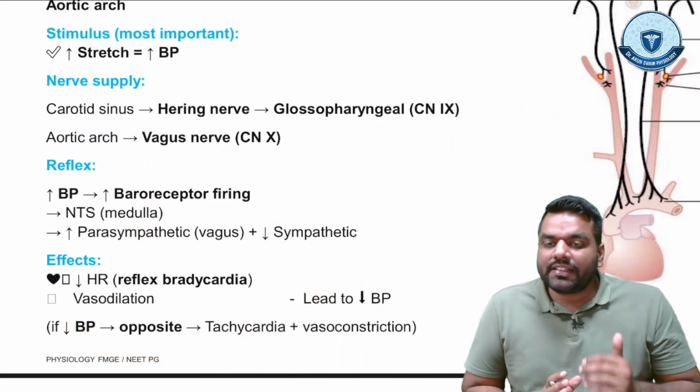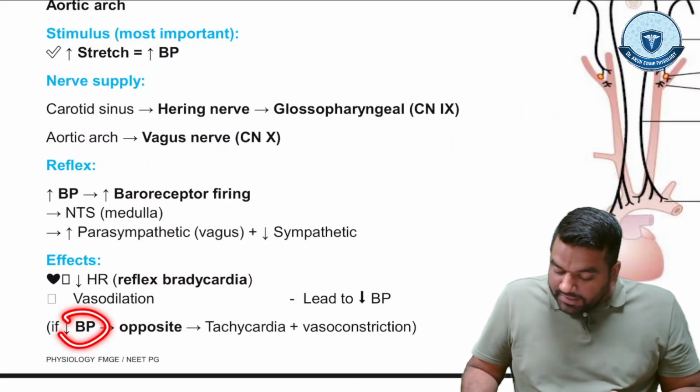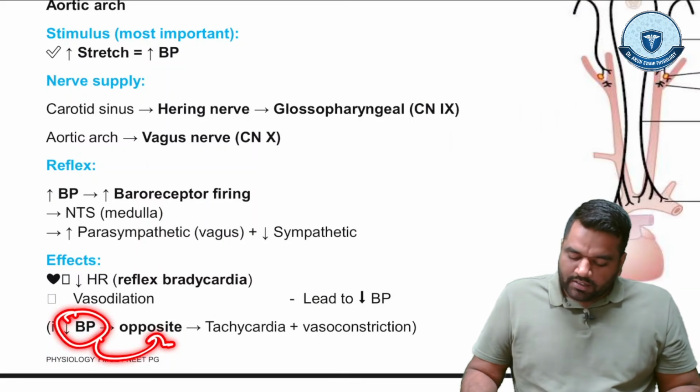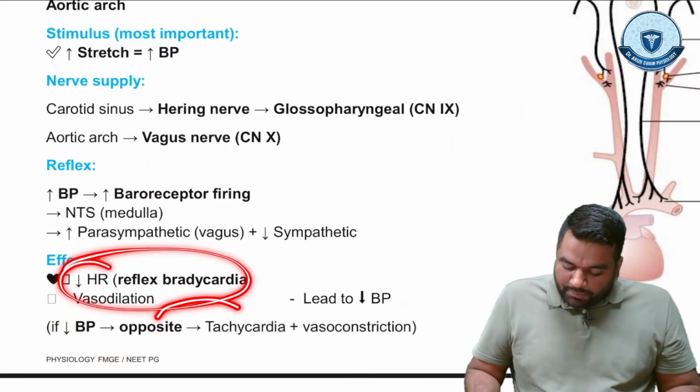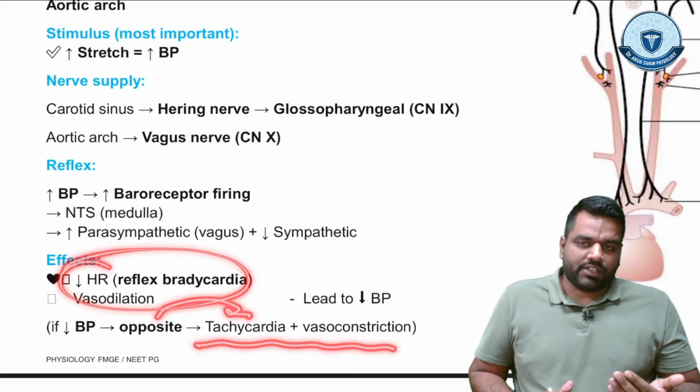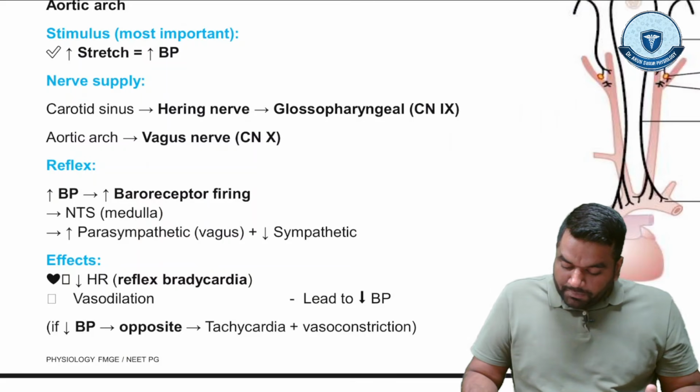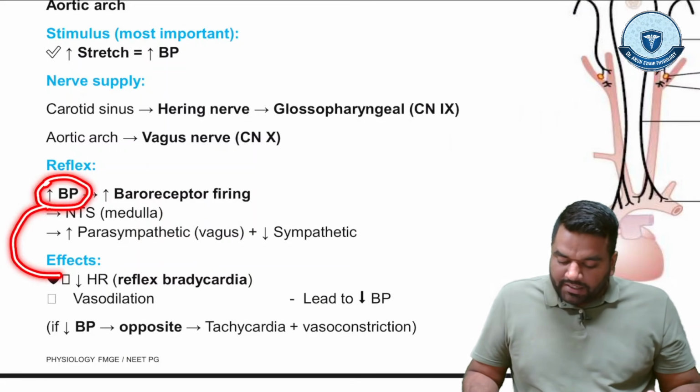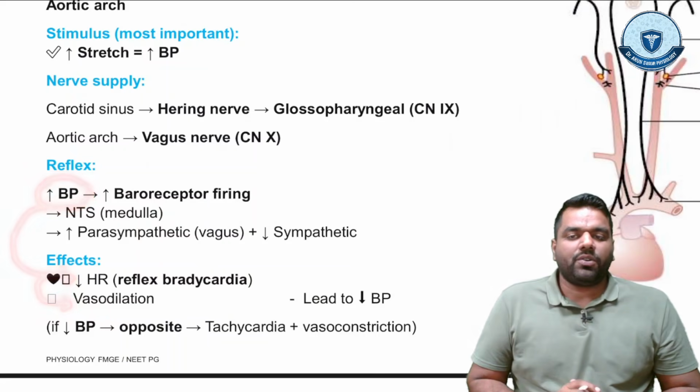Not decrease, increase the BP. So if BP decreases, everything will be opposite: there will be tachycardia and vasoconstriction. But if the BP increases, there will be decreased heart rate and vasodilation.